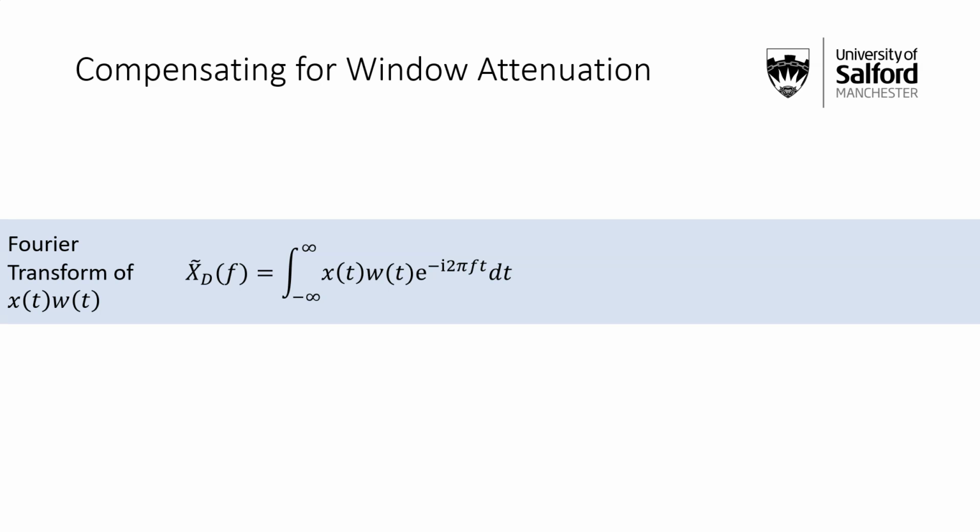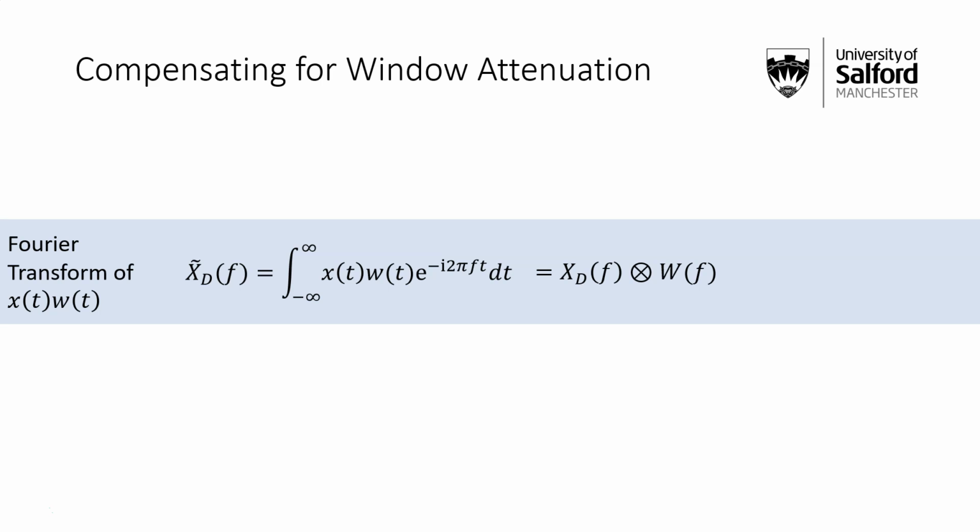Well, here's our Fourier transform of x(t) w(t), and we know that that is going to be equal to the actual Fourier transform of x convolved, smudged, with the Fourier transform of the window. Now, if we accept that a little bit of smudging is going to happen, the main problem is that it's been attenuated, it's been dropped down.